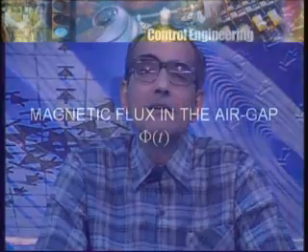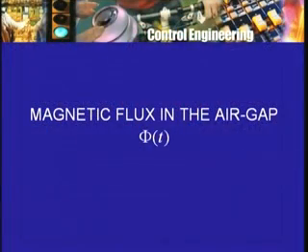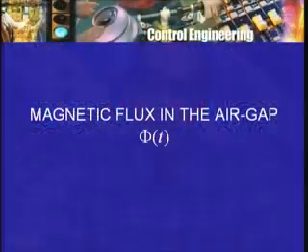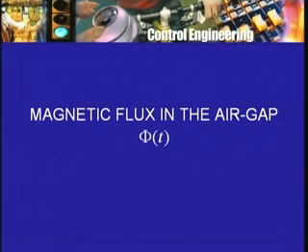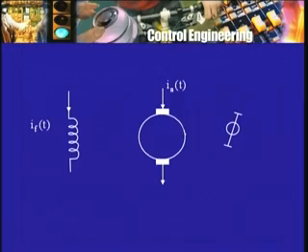One may have to talk about the flux that the field current produces in what is called the air gap of the machine near the pole area, and for that the standard symbol usually is capital Phi, and if it is varying with time, then of course Phi shown as a function of time.